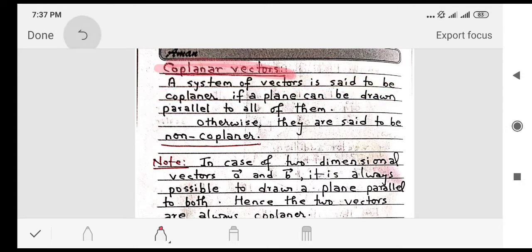In short, we can also say that vectors are coplanar if they exist on the same plane. Otherwise, if the vectors are not coplanar, they are said to be non-coplanar vectors.